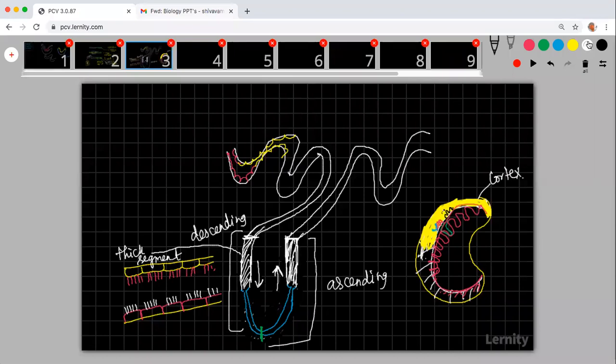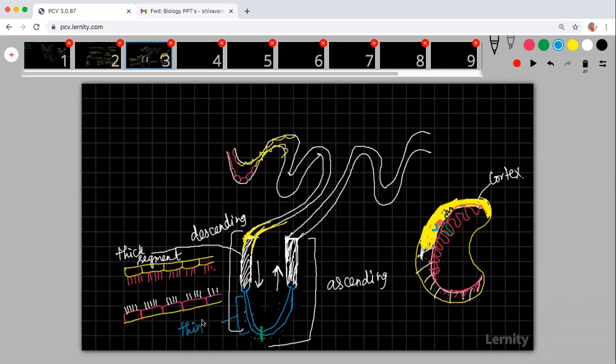Because the diameter of these two will be the same. You see here, the diameter of the PCT and this part is going to be the same. It looks like a continuation of the PCT. But after a point the diameter will decrease all of a sudden. So this part is called the thin segment.